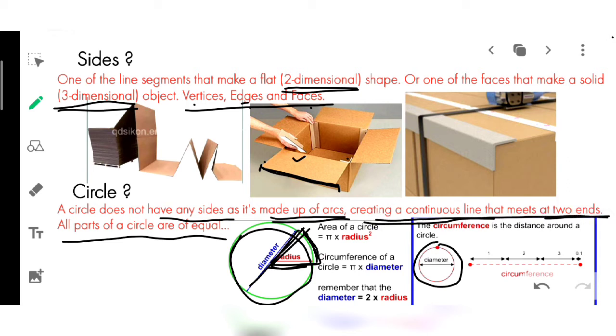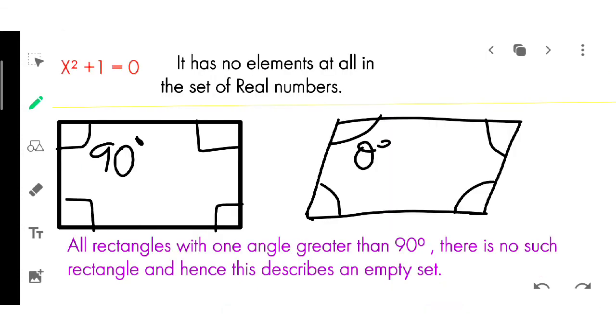We have to be clear that a circle has no sides. Okay students, please be sure on this concept.